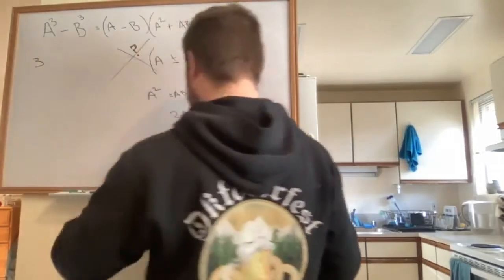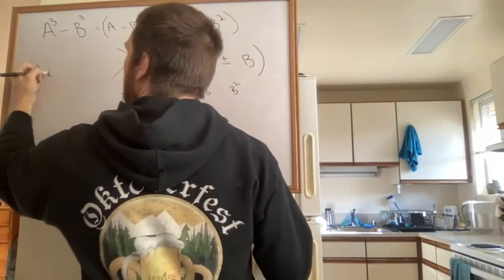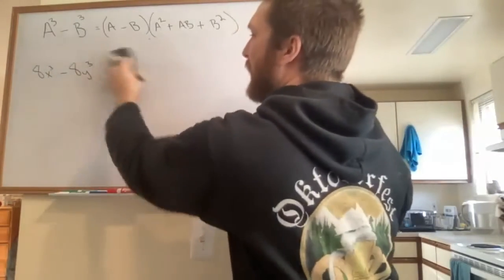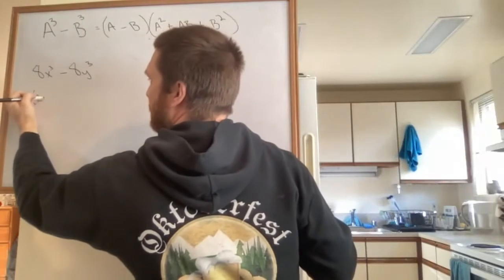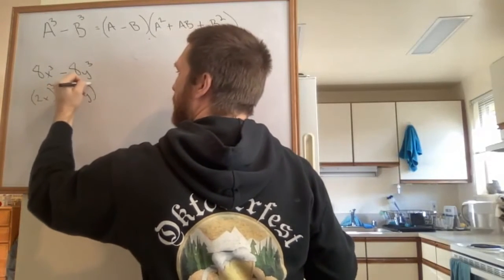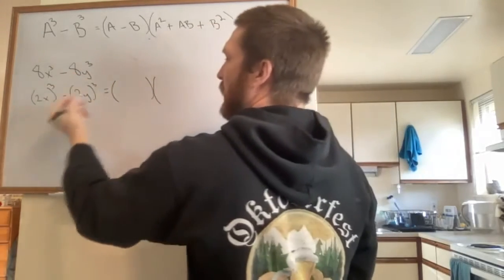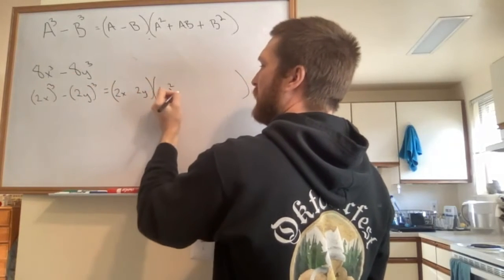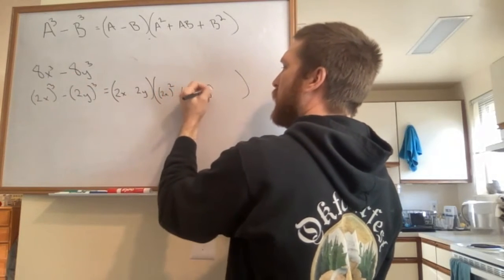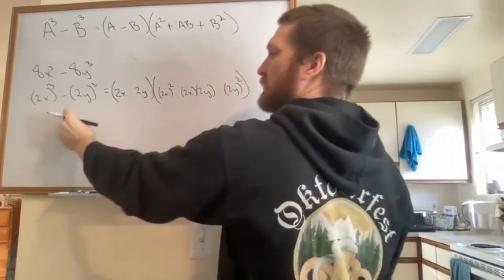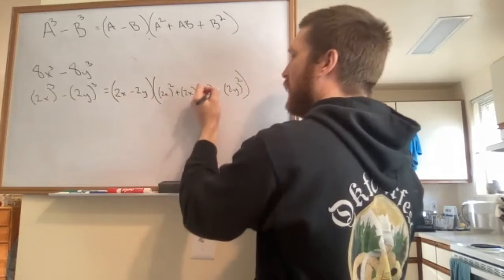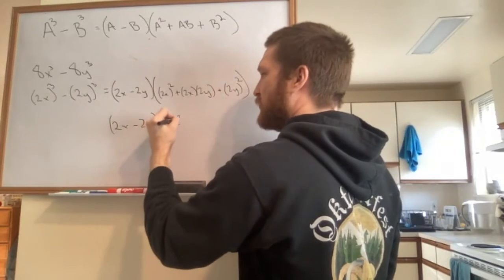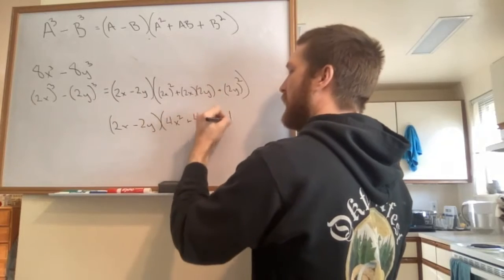Like if you started off with an 8x cubed minus 8y cubed, and you didn't bother to factor out that 8 in the beginning, and you said, well, this is the same thing as 2x cubed minus 2y cubed, and so you just blindly put them in and said, okay, then that's a 2x and a 2y, and then you have a 2x quantity squared and a 2x and a 2y and a 2y quantity squared, and then you did your signs and you said same, opposite, always positive, and then you'd have, okay, 2x minus 2y, and then you'd have a 4x squared plus 4xy plus 4y squared.